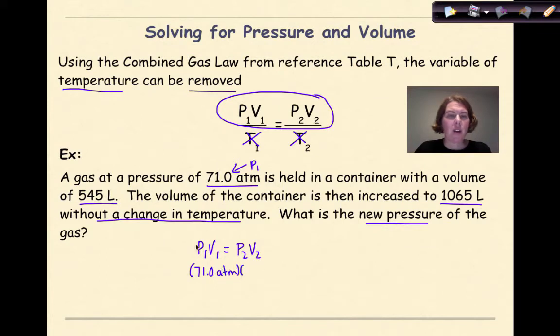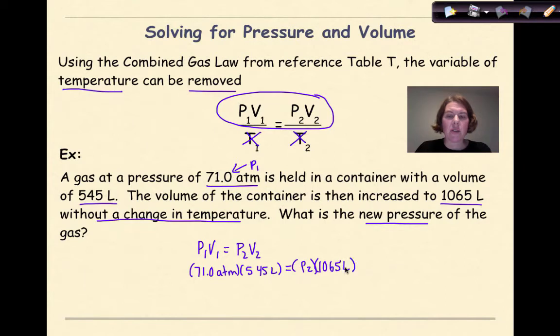And then my volume is 545 liters. And that's going to equal P2, which is what I'm solving for here. And then my V2, my second volume, is going to be this 1,065 liters.